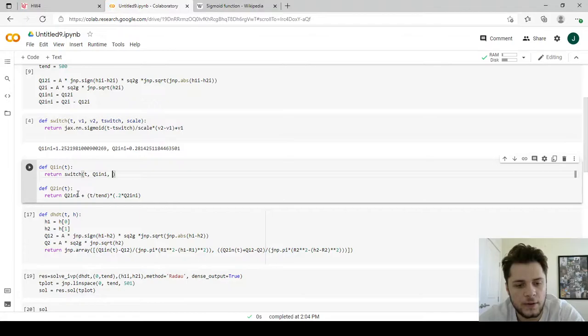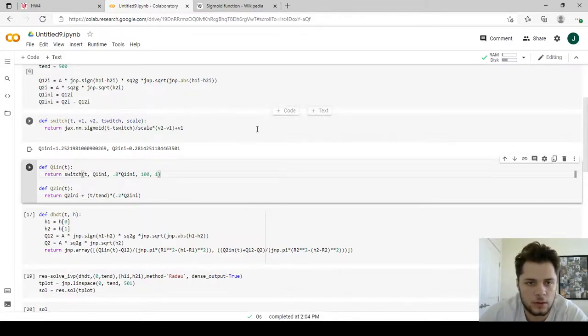Our new flow rate, so we want it to decrease. We want it to be 80% of its original flow rate after 100 seconds. So 0.8 times Q1ni. And we want this to happen at 100 seconds, and we're just going to keep the scale at 1. Shift enter.